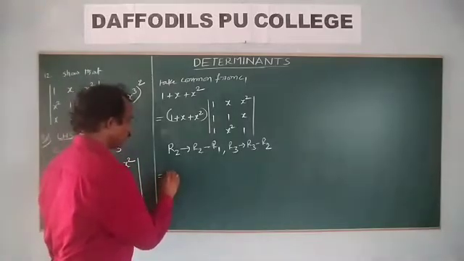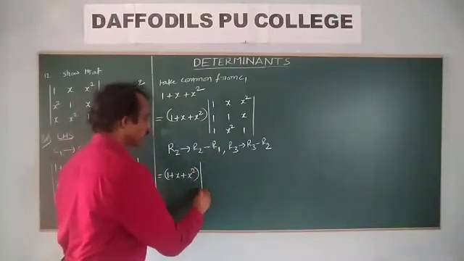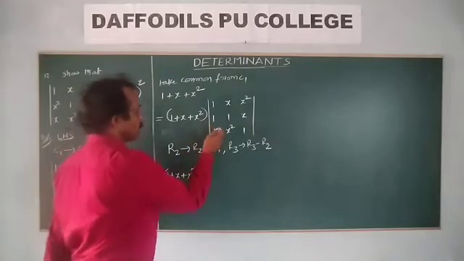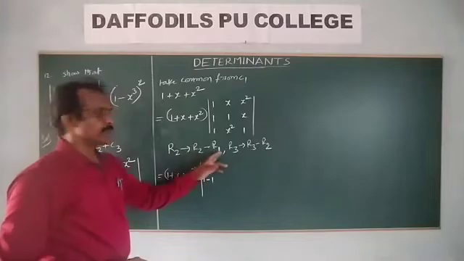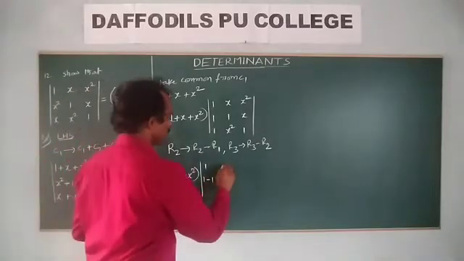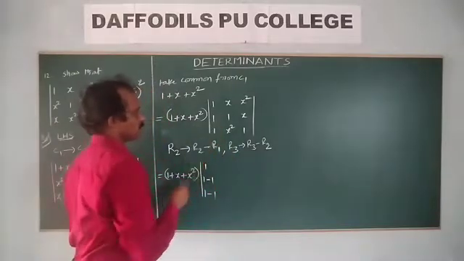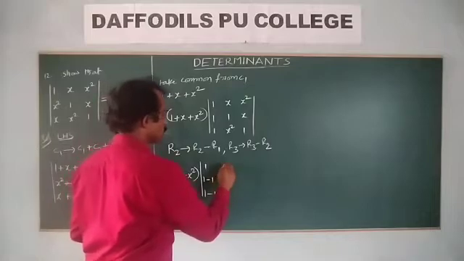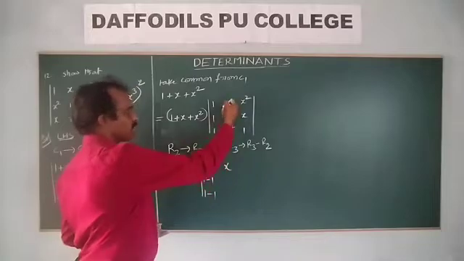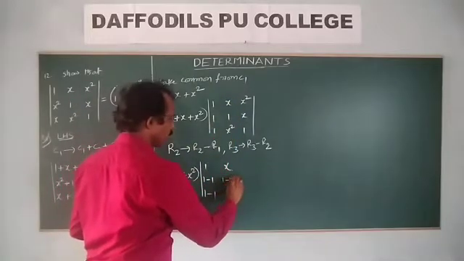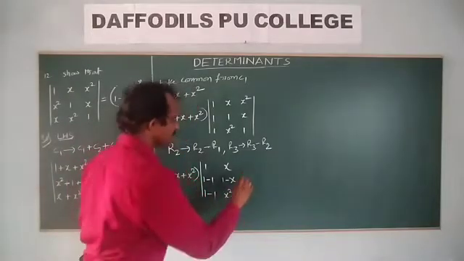So this is equal to 1 plus x plus x square times the determinant. The first element is written as it is. With R2 gives R2 minus R1, 1 minus 1 gives 0. Likewise, R3 gives R3 minus R2 gives 1 minus 1, 0. The next term is x; R2 minus R1 gives 1 minus x. Next, x square minus x.